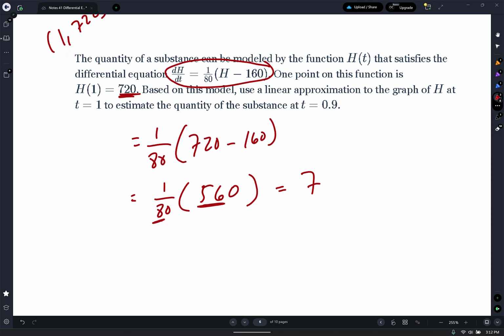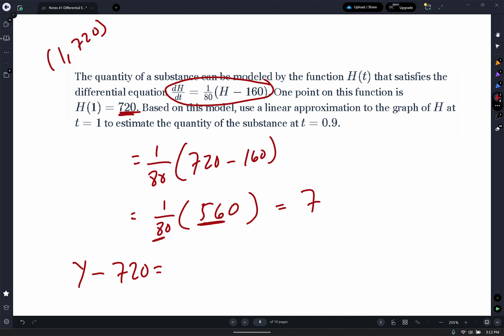All right. y minus 720 equals 7 times (x minus 1).